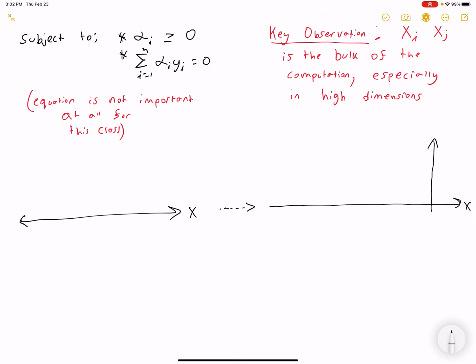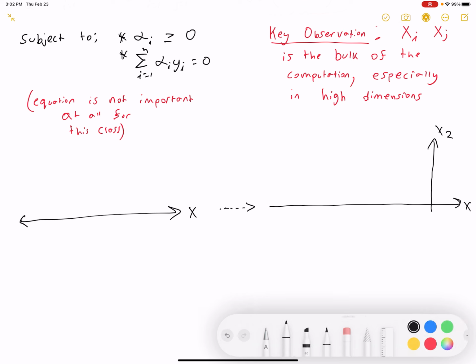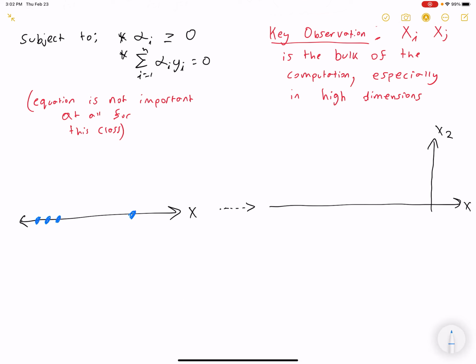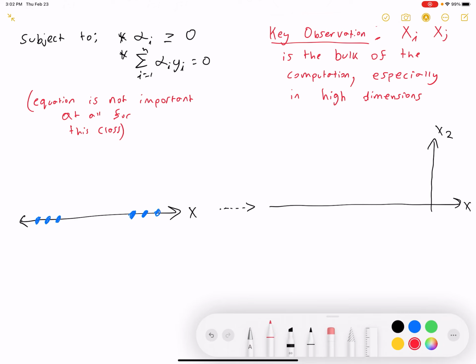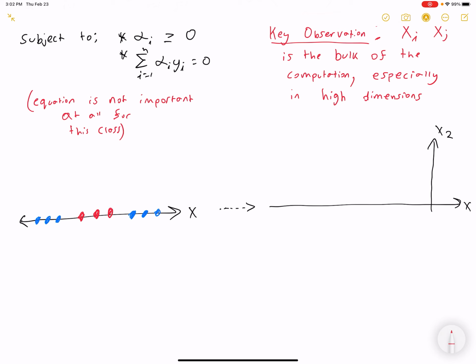So this is, for example, x and x squared, where the data is not even close to being separable in the low dimensional space. There's no point in this place that's going to separate the two categories.